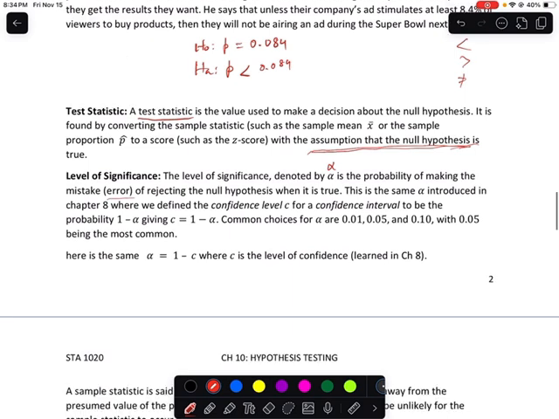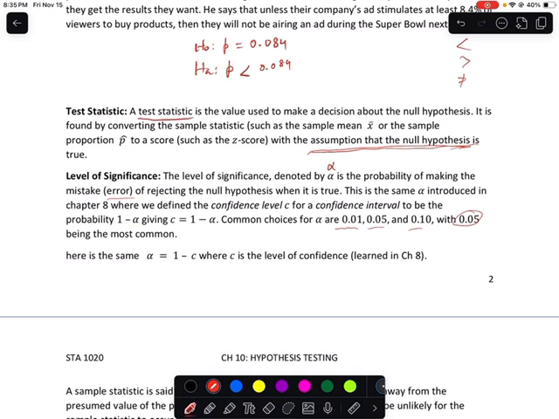Okay, this is the same alpha introduced in chapter 8, where we defined the confidence level C for a confidence interval to be the probability 1 minus alpha. So we have C equal to 1 minus alpha. Now the common choices for alpha are 0.01, 0.05 and 0.10, but 0.05 is the most common one.